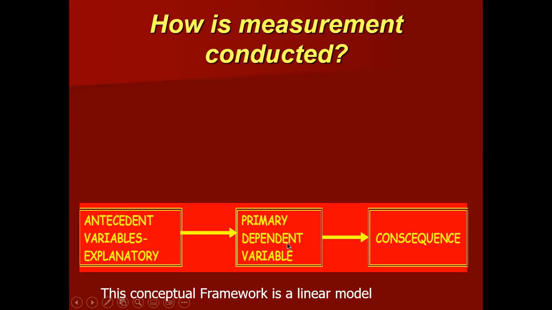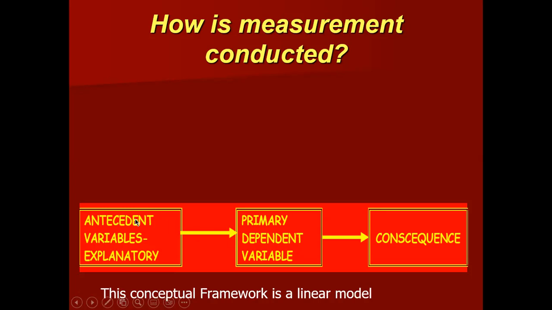And here we have the outcome, the primary dependent variable. We may have two outcomes. When we have two outcomes, one becomes primary and the second becomes secondary outcome. But here we are illustrating the outcome or the dependent variable as primary.